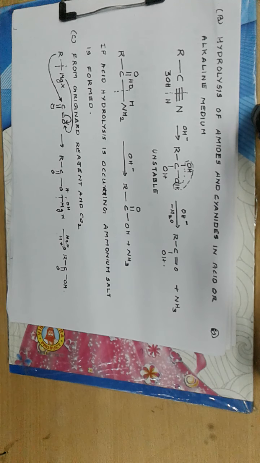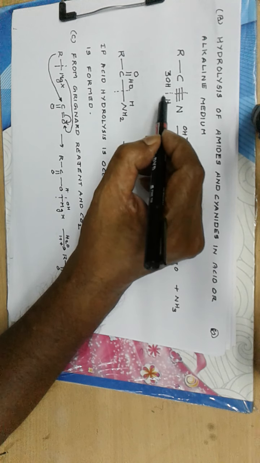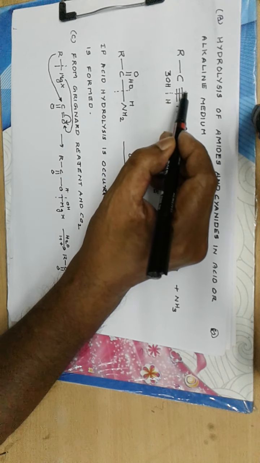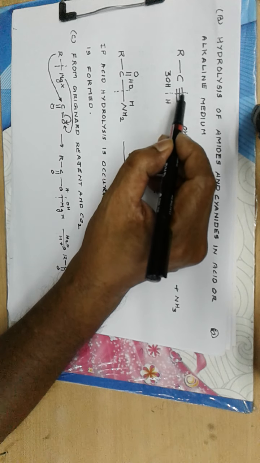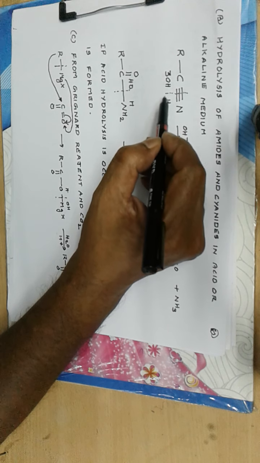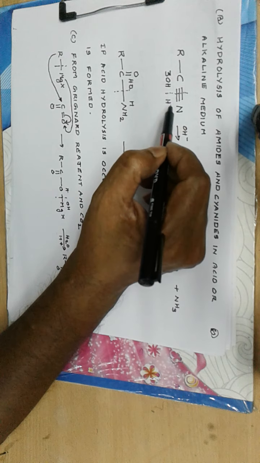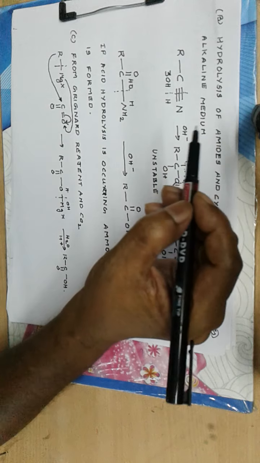Then the next method is hydrolysis of amides and cyanides in acid or alkaline medium. The easy way to understand this reaction is you break all the bonds, the triple bond, all the three bonds are broken. For each bond you add one HOH. So 3 HOH, 3 OH groups connected to this carbon, 3 H atoms connected to nitrogen.